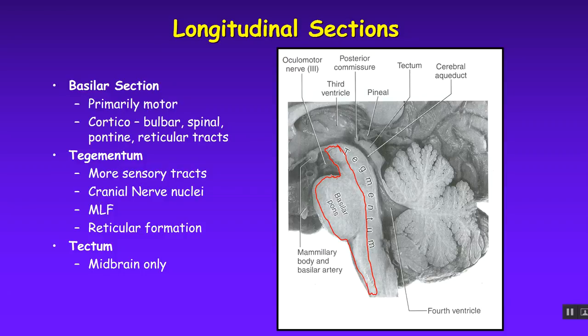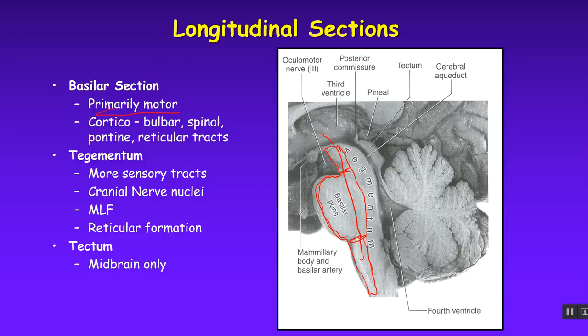You have this big basilar pons sticking out here, but even the very front part of the midbrain and the front part of the medulla have a basilar portion. It's primarily motor, right? Motor stuff runs down the front part of the brainstem. That's where your cortical bulbar, cortical spinal, cortical pontine, and cortical-reticular tracts are running.